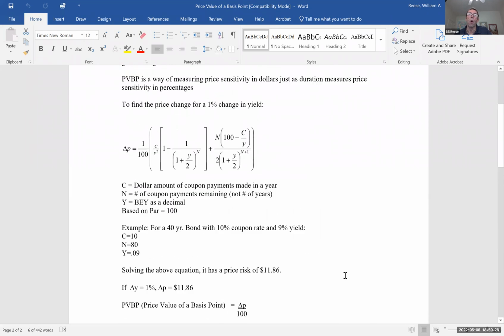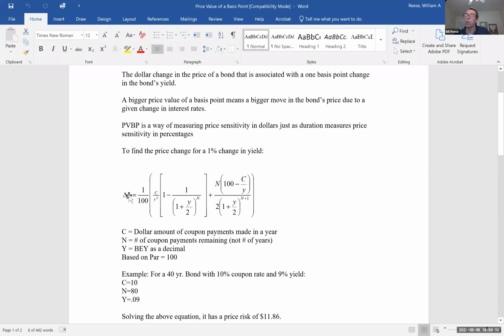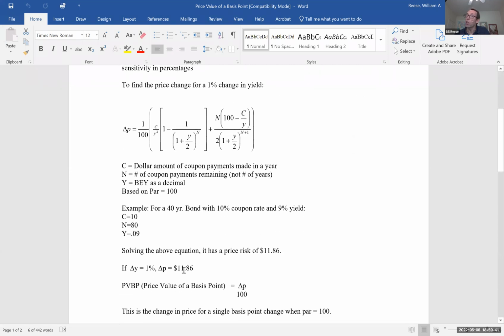So we've got 3 different concepts here. We started out with delta P. Delta P is based upon a 1% change in interest rates and a $100 face value bond. Then we went to price value of a basis point. It's still a $100 face value bond, but it's now a 1/100th, or 1 basis point, change in interest rate. 1/100th of a percent is 1 basis point.